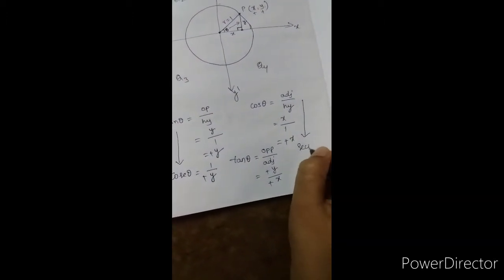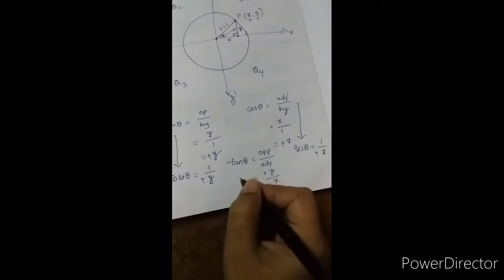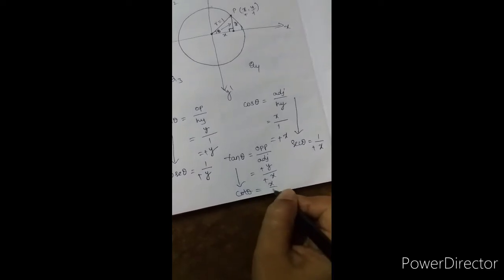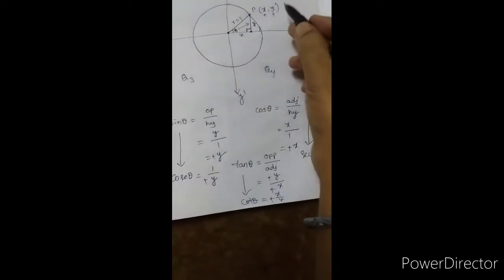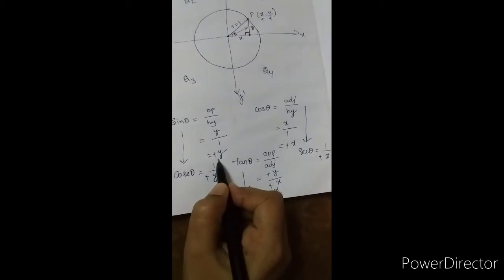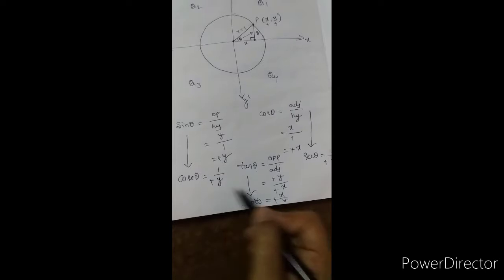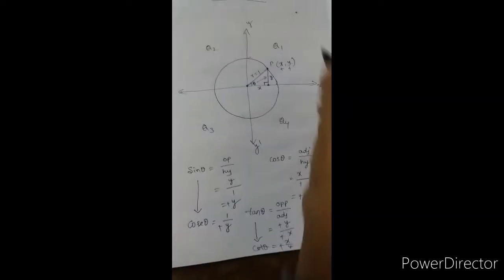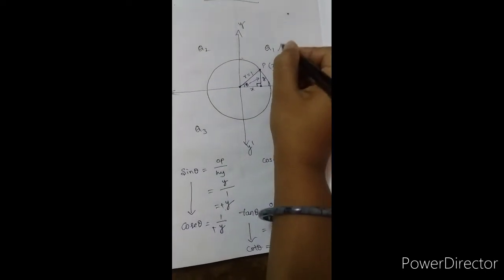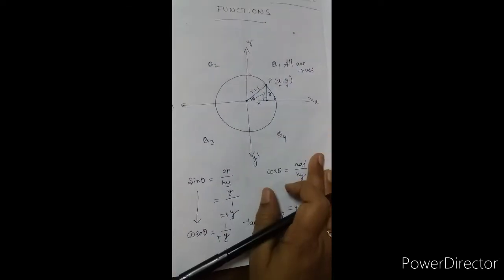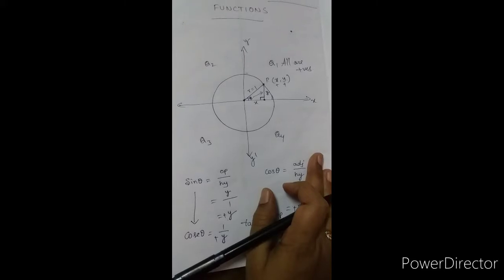And the reciprocal of cos theta is secant theta, that is 1 by x. It's also positive. The reciprocal of tan is cot theta, so x by y, it's also positive. See, in quadrant 1, sine theta is positive, cos theta is positive, tan theta is positive and their reciprocals are also positive. So in quadrant 1, all are positives.